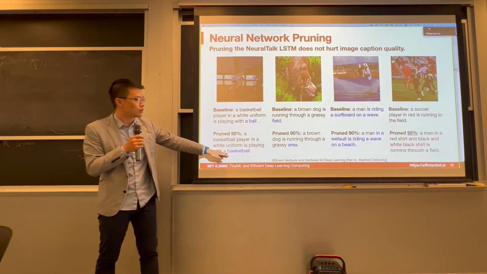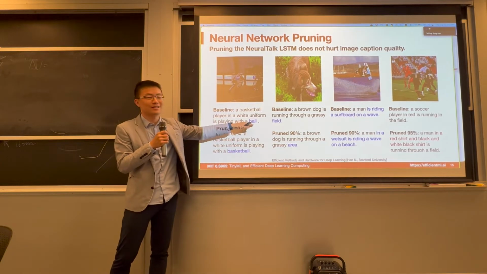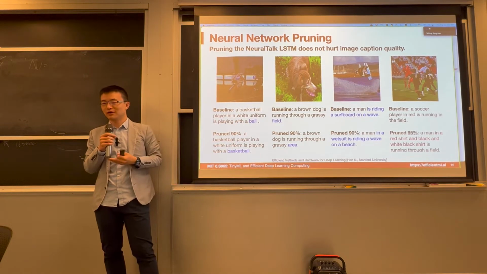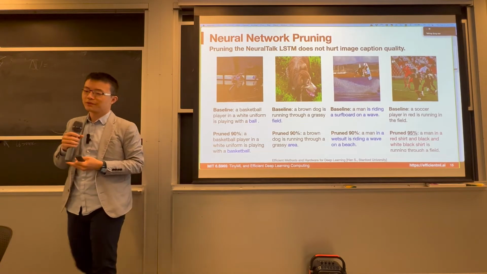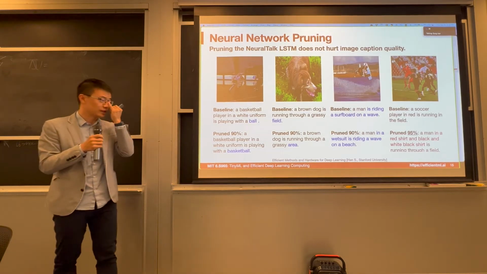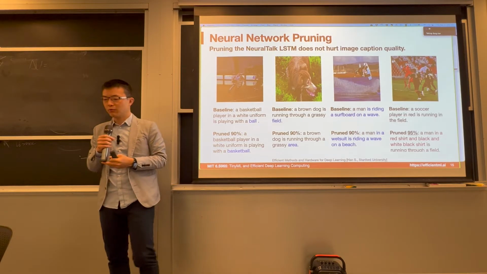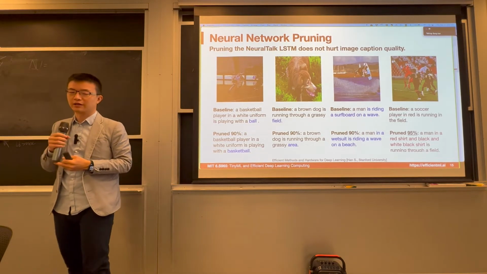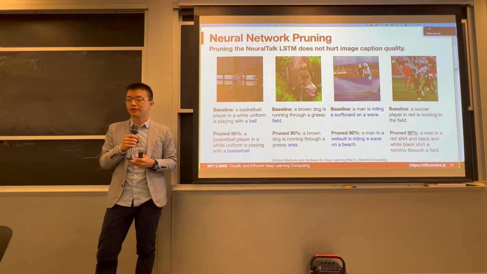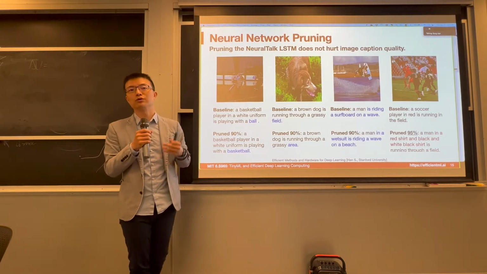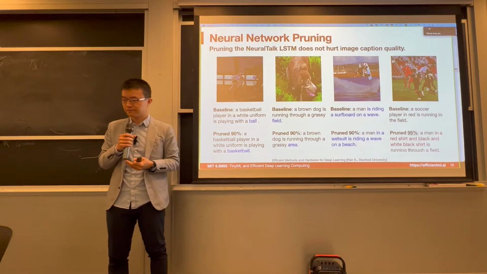I feel like it's more accurate than just saying playing with a ball. This is basketball, right? We suspect this is getting rid of some of the overfitting and truly having a more concise representation, extracting better features from the original image when you are pruning away the right amount of parameters.